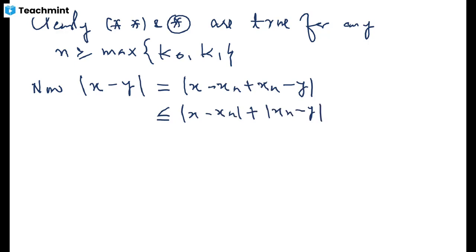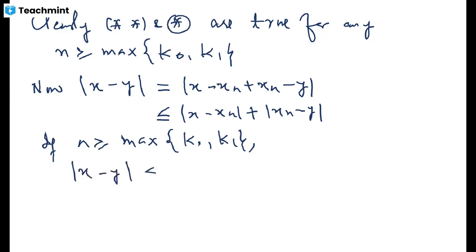And now if we choose n to be a number which is greater than or equal to the maximum of the numbers k naught and k1, then as said above, the distance of the nth term of the sequence from x will be less than epsilon by 2, and the distance of the same term from y will be less than epsilon by 2. Hence, I will have this modulus of x minus y less than epsilon by 2 plus epsilon by 2, which is epsilon.